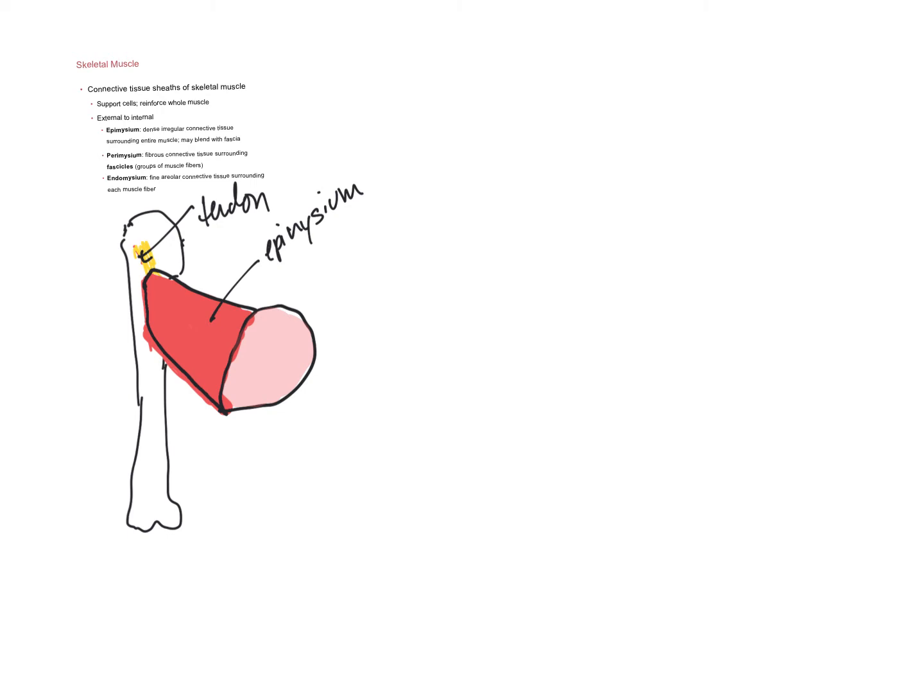If I cut the muscle in half, right down the middle, and I opened it up, I'm looking now down the muscle. There are actually small compartments and sections within each muscle, and they look something like this.